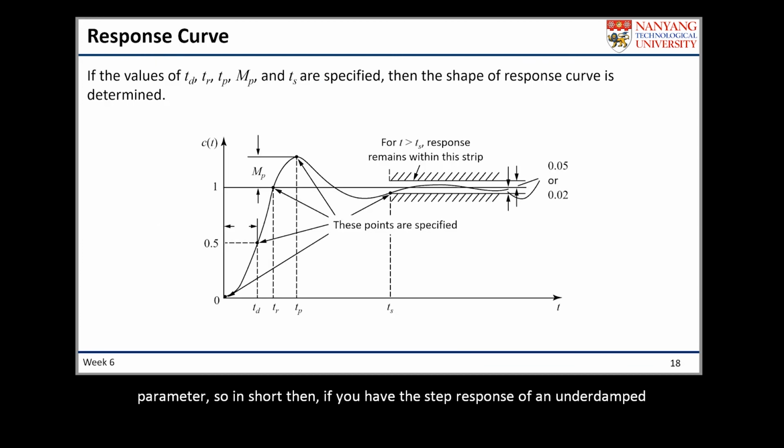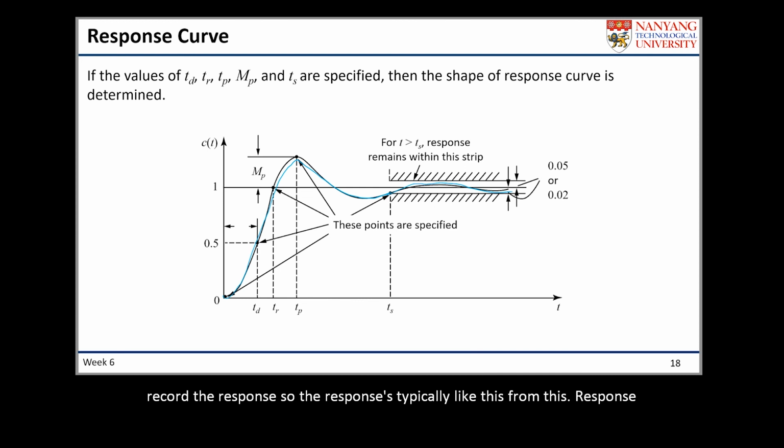So in short then, if you have the step response of an underdamped second order system, let's say you want to identify the parameters, just give a step input to it, record the response. So the response typically looks like this.